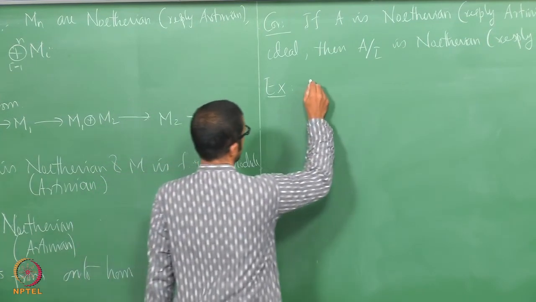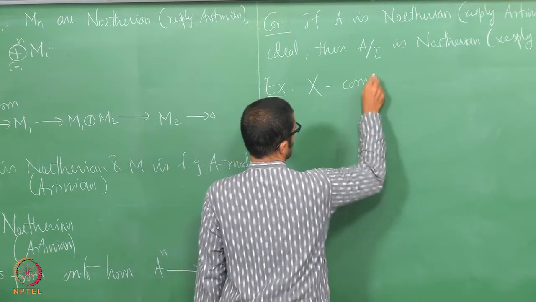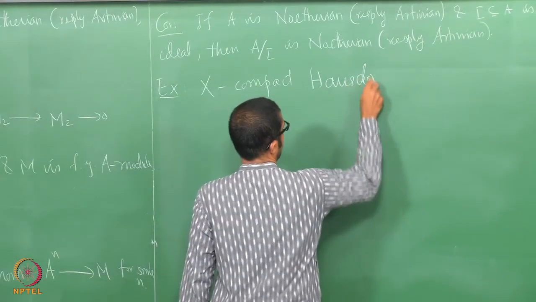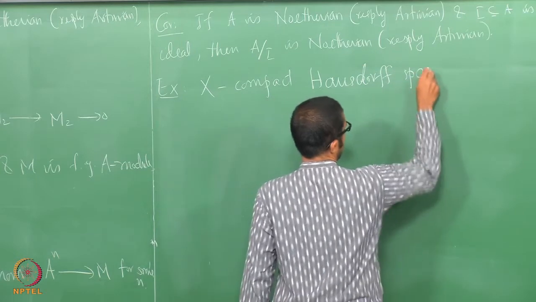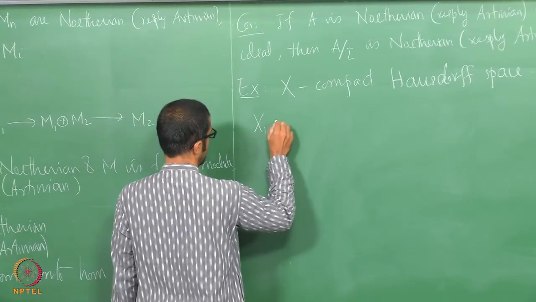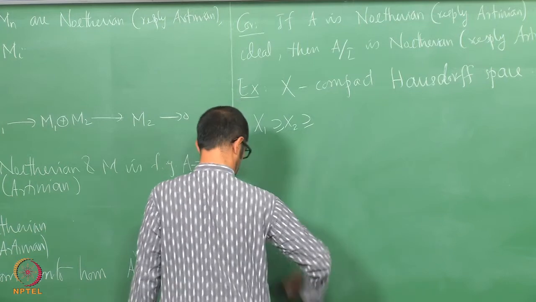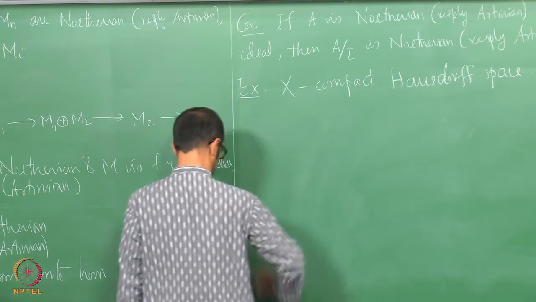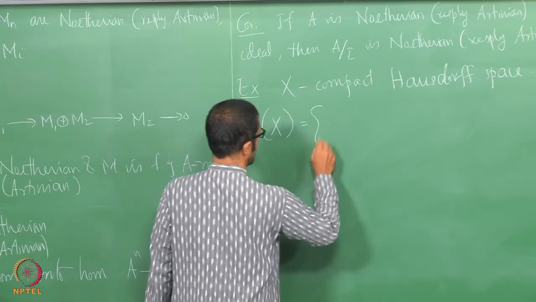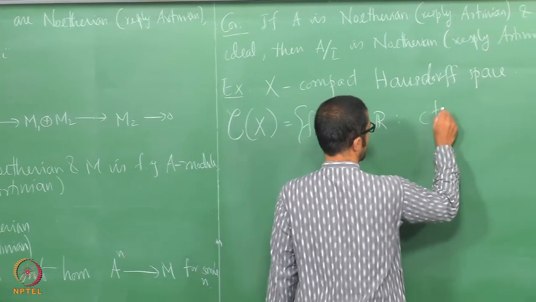Let X be a compact Hausdorff space, and look at C(X), the set of all continuous real valued functions.